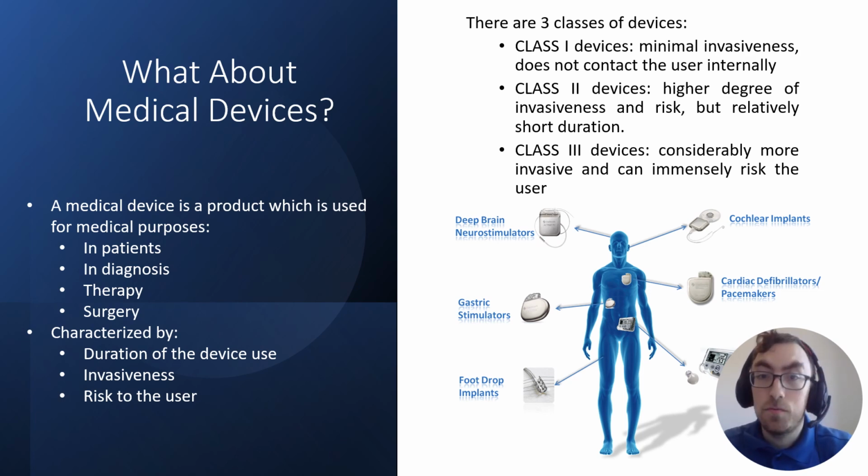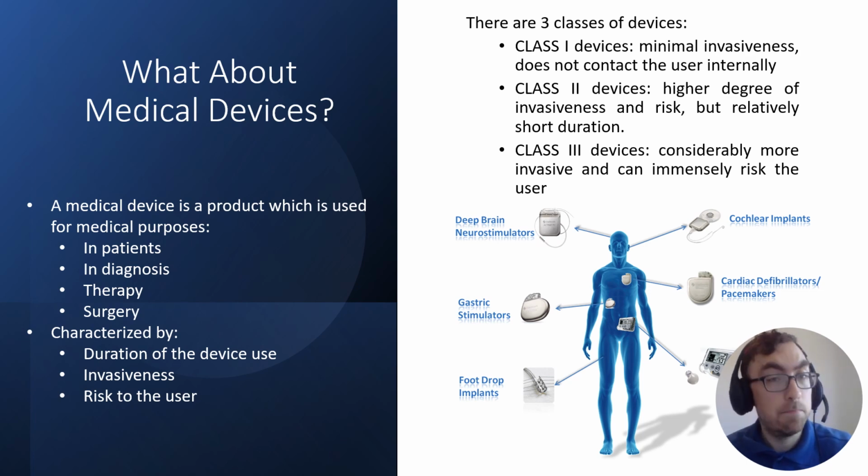And that leads into our different classes, with a characteristic of each of those. So starting with class 1 devices. Crutches, bedpans, tongue depressors, and adhesive bandages are all class 1 devices that are minimally invasive and do not come in contact with the user's internal organs by any means.